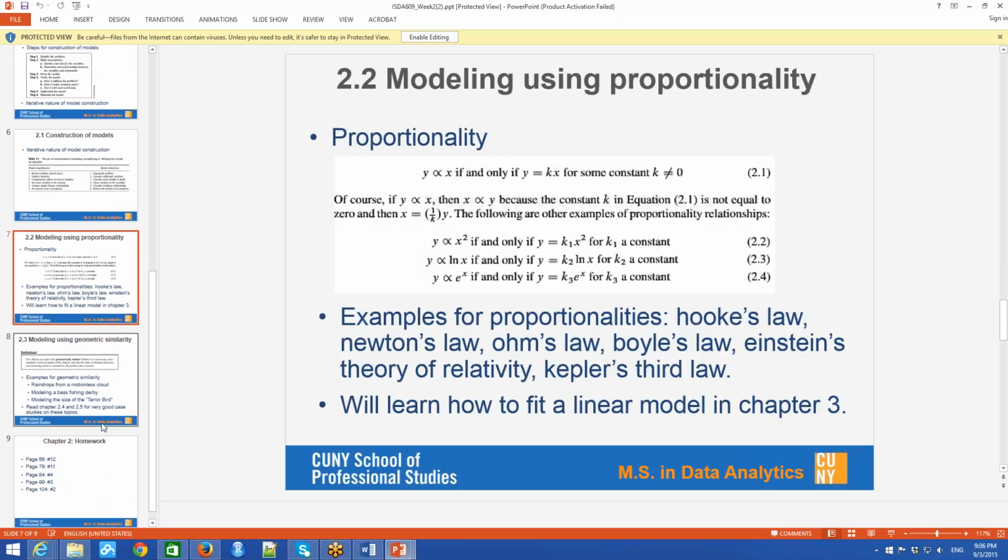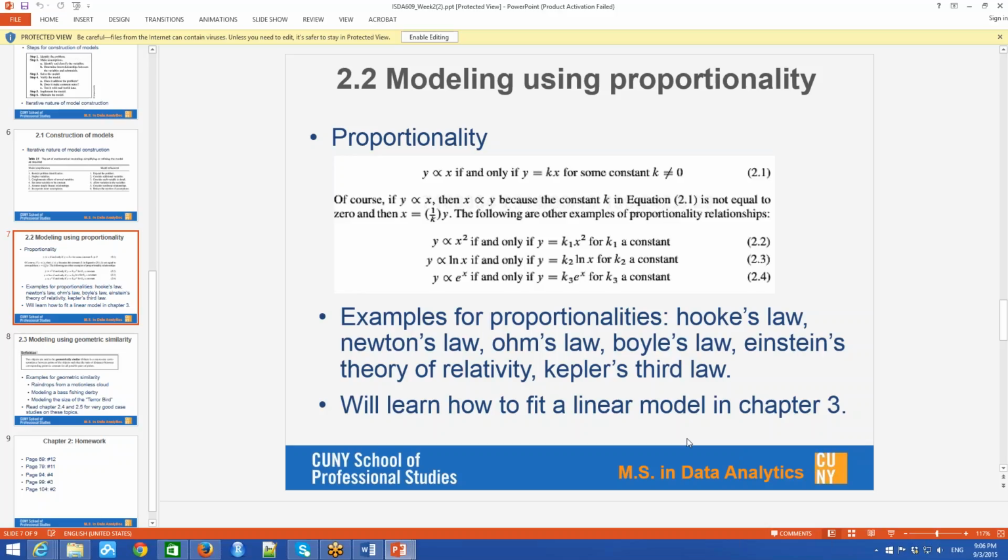This is an example of modeling using proportionality. It can be linear, can be nonlinear. And then in the textbook, there are some good examples. Hooke's law, Newton's law, Ohm's law, all these are examples of proportionality. And then in the next chapter, we're going to learn how to fit a linear model.